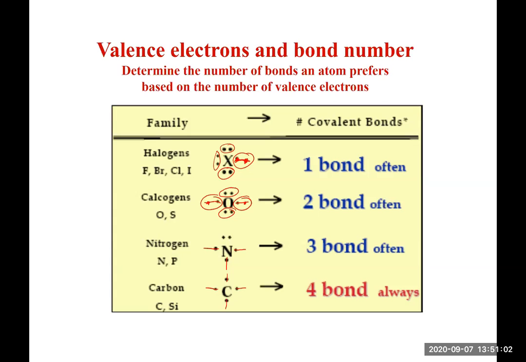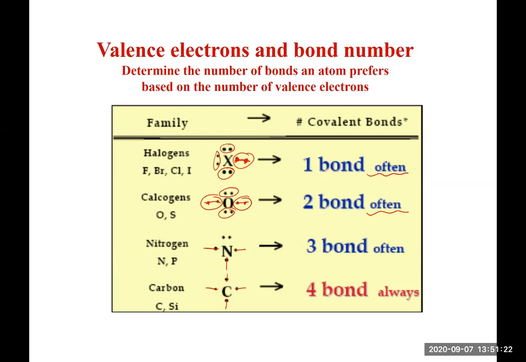And as you notice over here, with the halogens, most often they form 1 bond. With oxygen, sulfur, selenium, tellurium, all of the species that are in that group column or family, they're most often going to want to form 2 bonds.